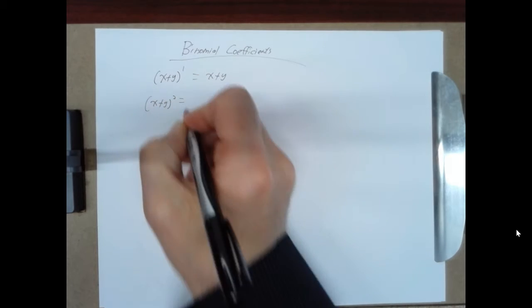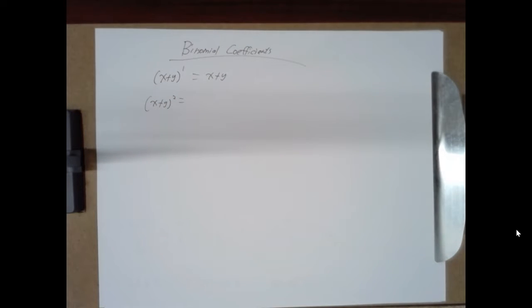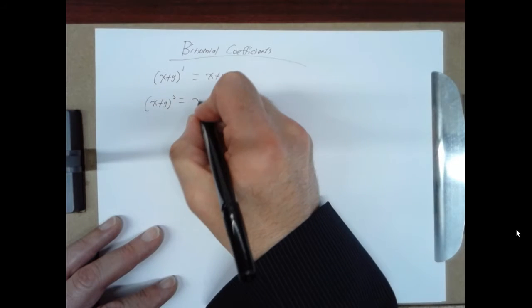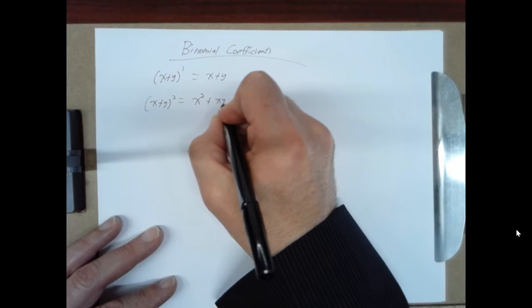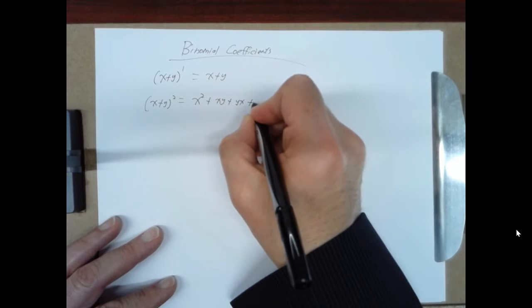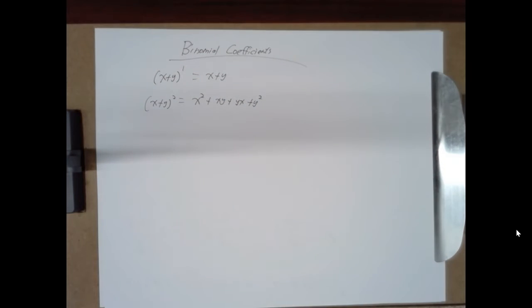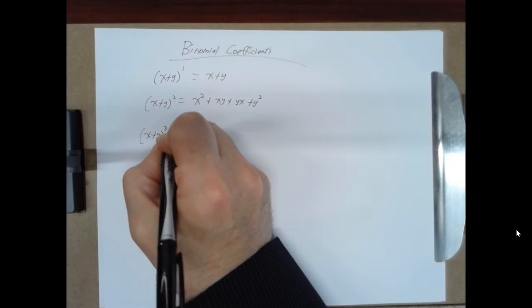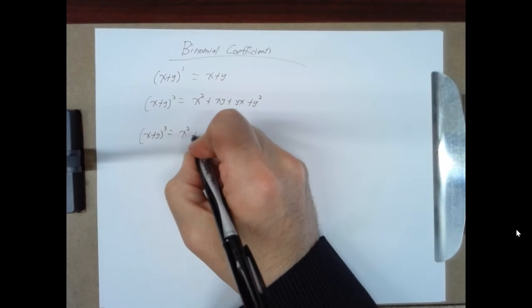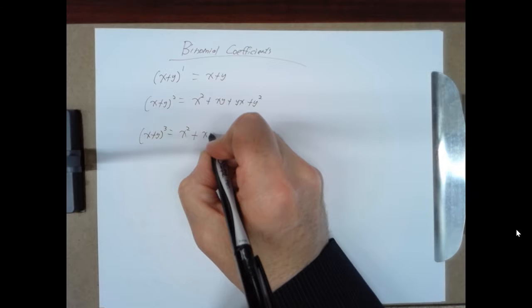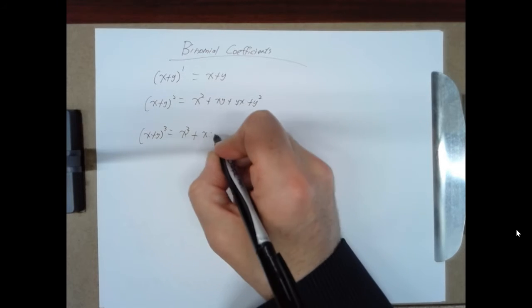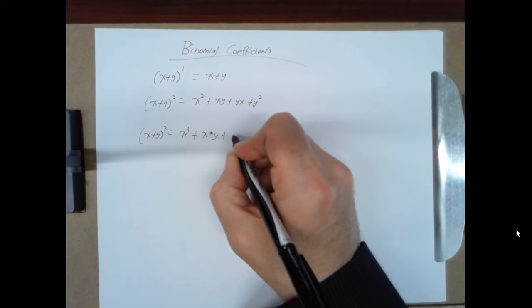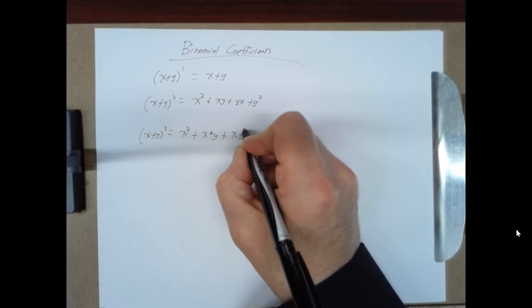X plus y squared, we know it's x squared plus 2xy plus y squared. But let me write this as x squared plus xy plus yx plus y squared. And x plus y cubed is x cubed plus x squared y plus x y squared.